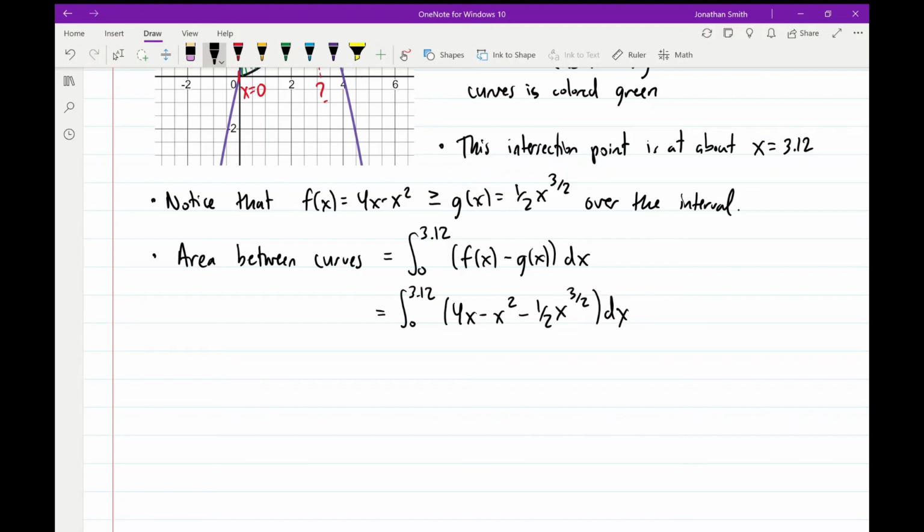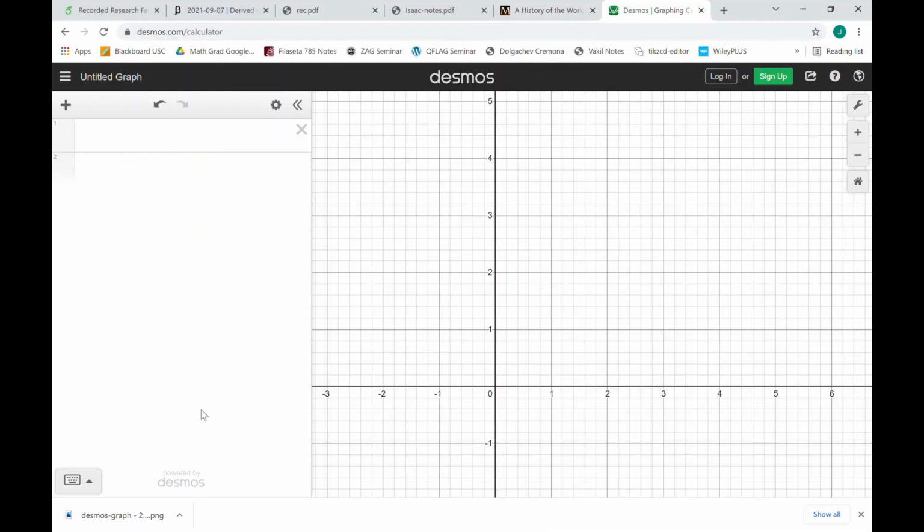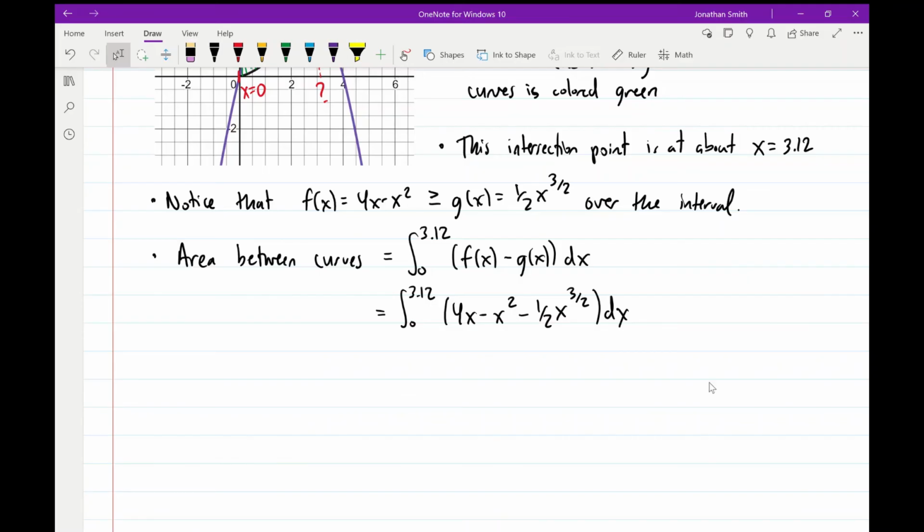And now I can go over to Desmos and plug this in, and we'll figure out what the definite integral is. In Desmos, I'm going to type in int for the integral, and we're going from 0 to 3.12, and I'm integrating the function 4x minus x squared minus 1/2 times x to the 3/2 dx, and Desmos tells me that this is 5.906.